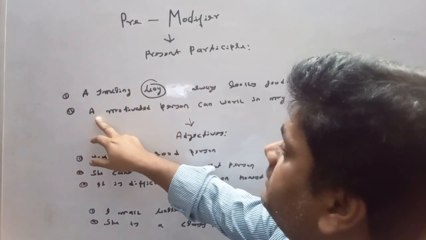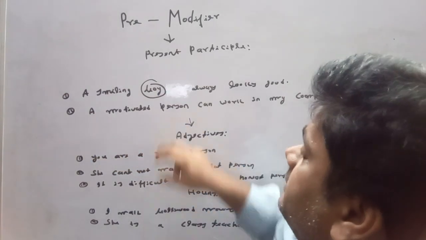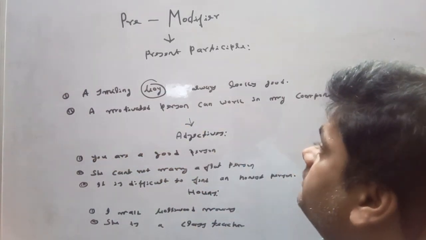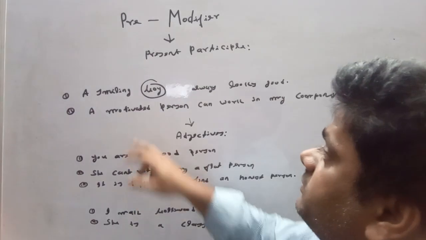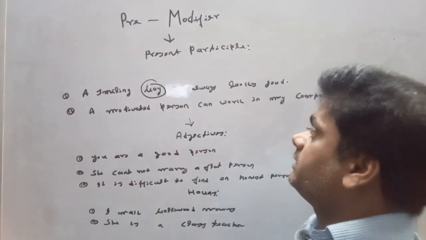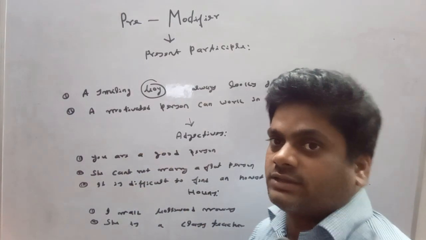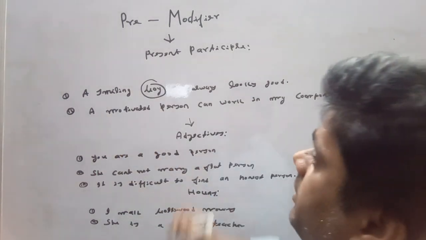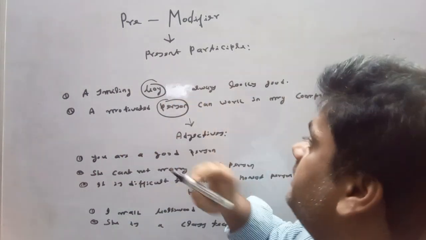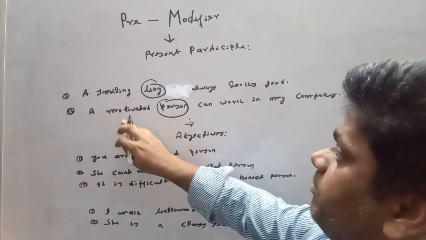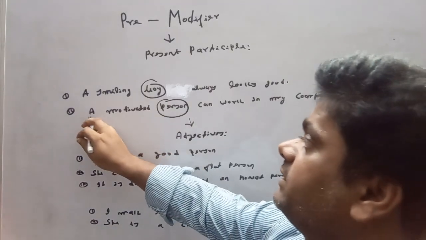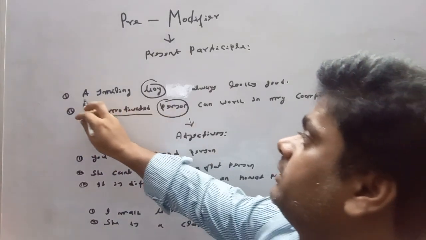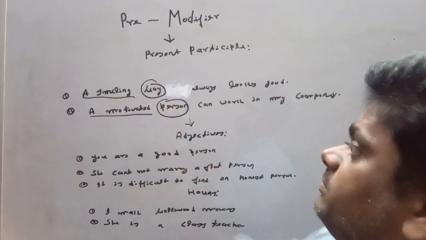In the second sentence, that is an example of past participle. Here the past participle form is also working as a pre-modifier in the sentence. Person is a noun that is being modified by motivated. Motivated is a past participle. Smiling is a present participle.